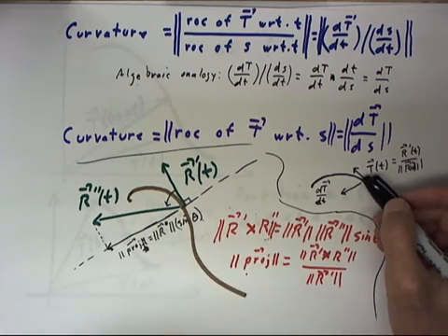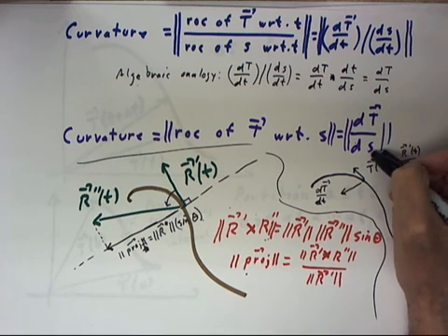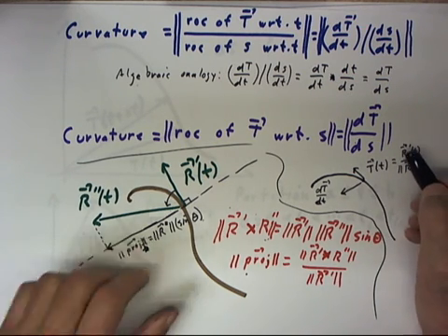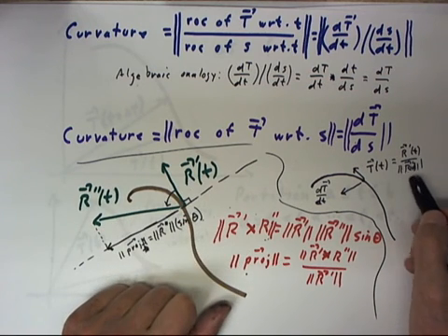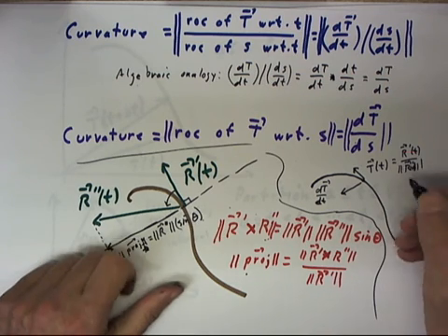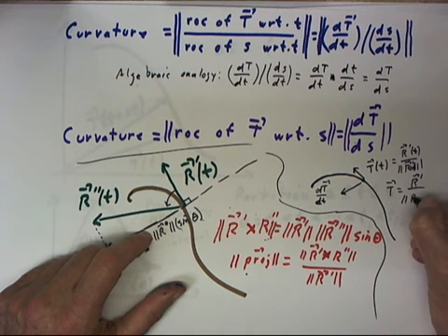Now, remember that the curvature is the derivative of the unit tangent vector with respect to x. The unit tangent vector is obtained from the r prime vector by simply dividing it by the magnitude of r prime. So we can say that the unit tangent vector is r prime over the magnitude of r prime.